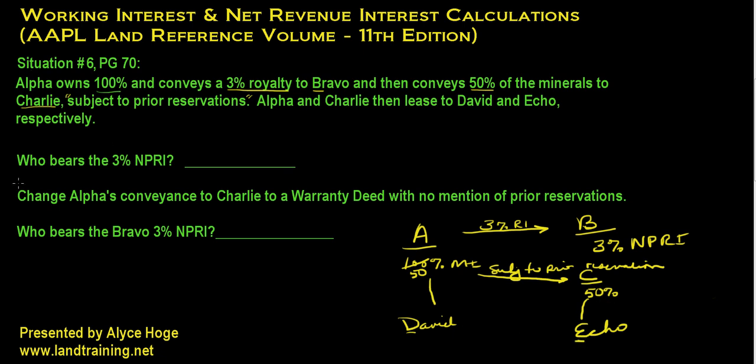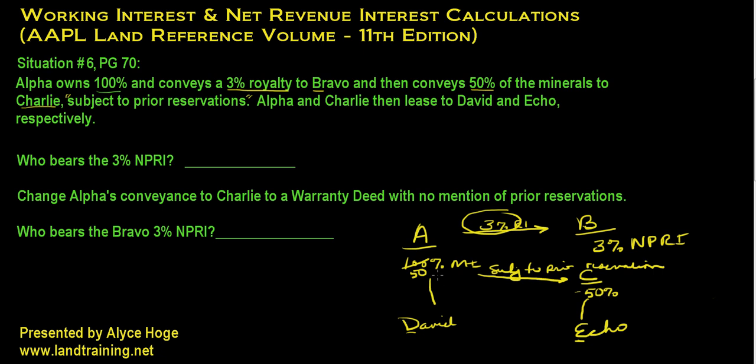So the question then is, who bears this 3% overriding royalty interest? Or not overriding royalty, but this 3% royalty interest. And the answer is that because A conveyed it to B and then conveyed his interest to C, and he used this language, subject to prior reservations, that means that C took this 50% mineral interest subject to this prior reservation of the 3% non-participating royalty interest.